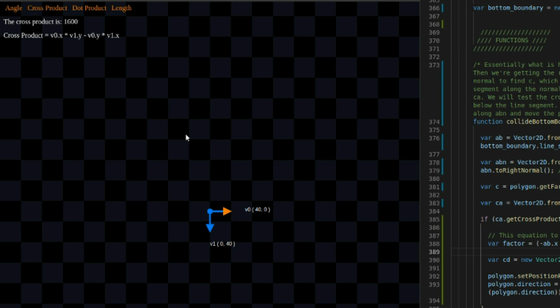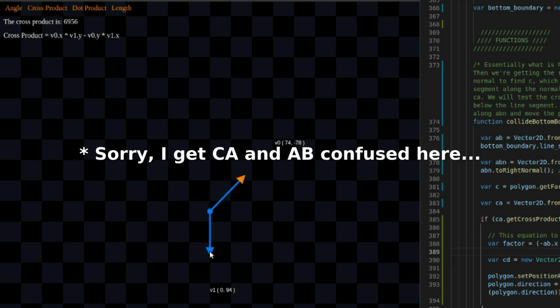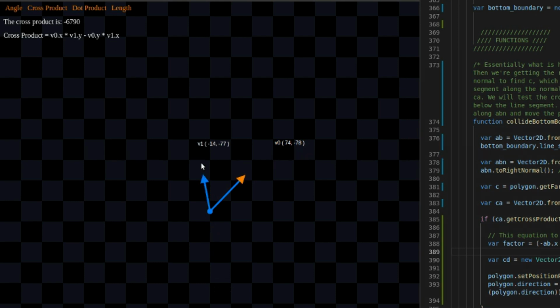Let me hit cross product here. This is going to be, I believe, CA, and this is going to be AB. So we know that, actually it's going to be the opposite. It's going to be like this. So this right here is going to be AB, and this right here is going to be CA.